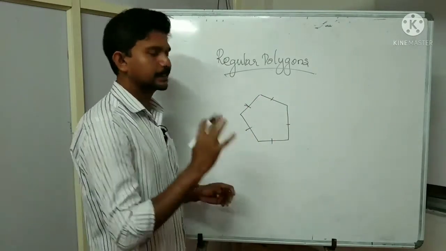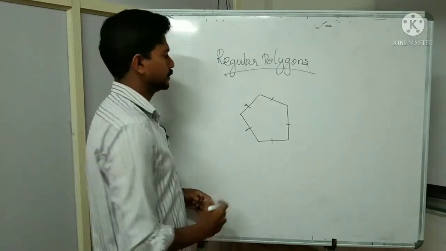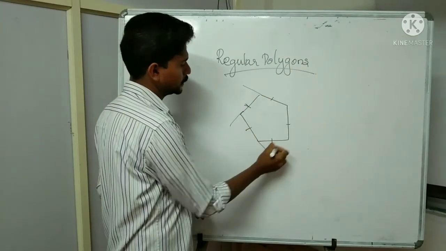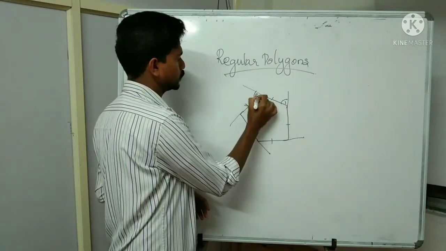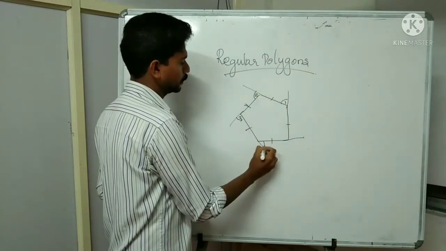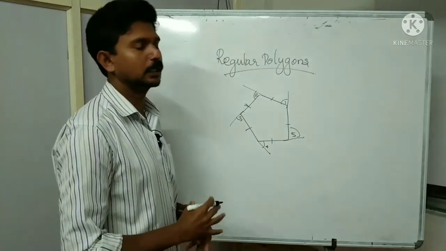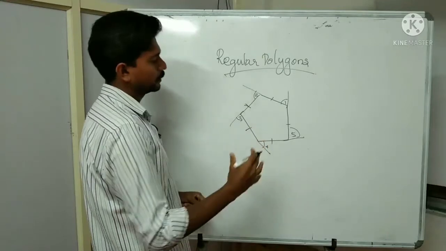We know that the sum of exterior angles is equal to 360. When we add all the exterior angles of this polygon, exterior angle 1, 2, 3, 4 and exterior angle 5, we get 360. We know that. So how many exterior angles are there?